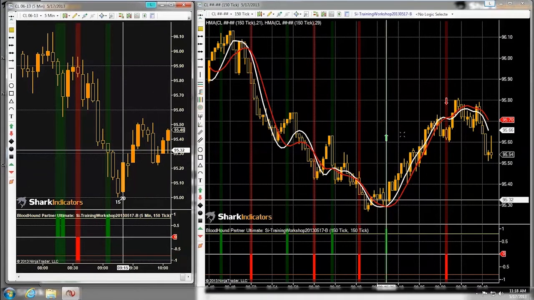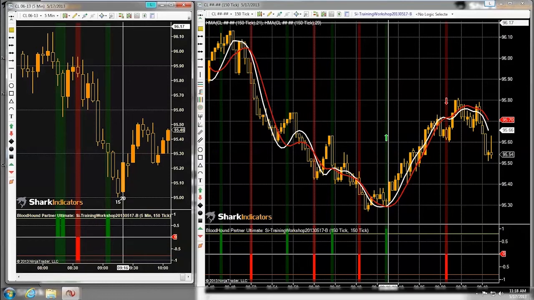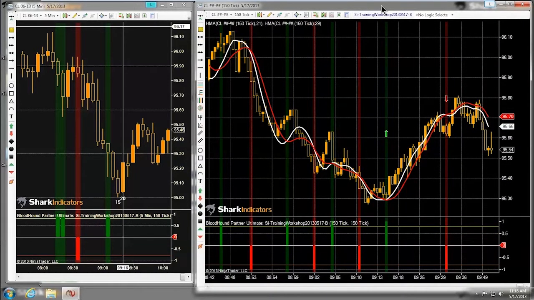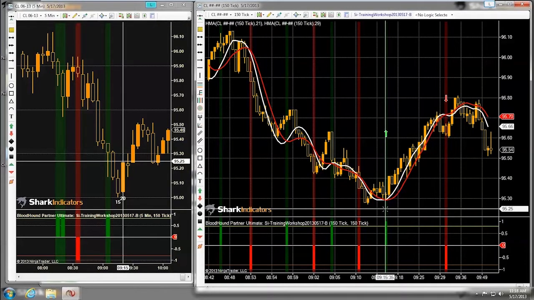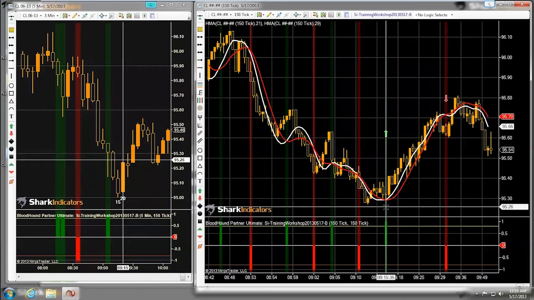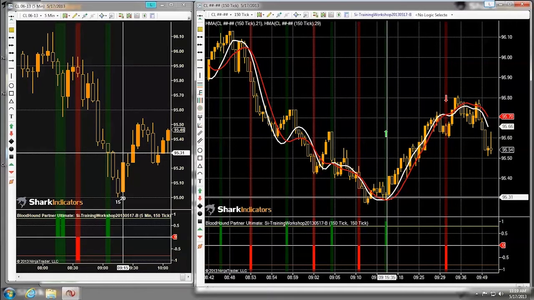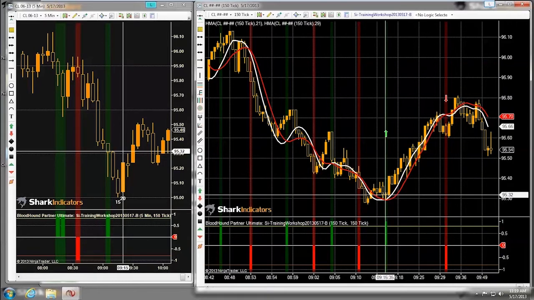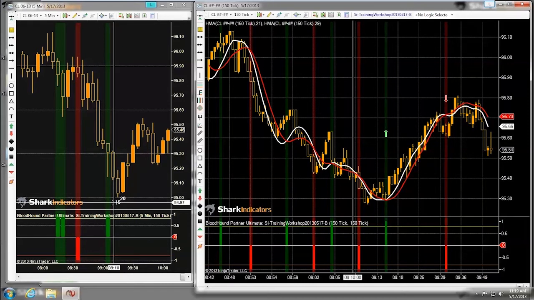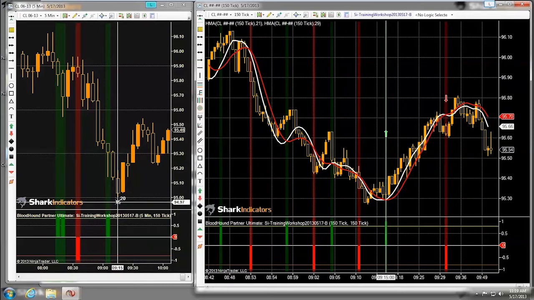Now, I need to take a look at when the bar closed on the tick chart here. I can see this bar closed at 9:15 and 35 seconds. So this bar where the crossover occurred closed 35 seconds after this 9:15 bar closed.